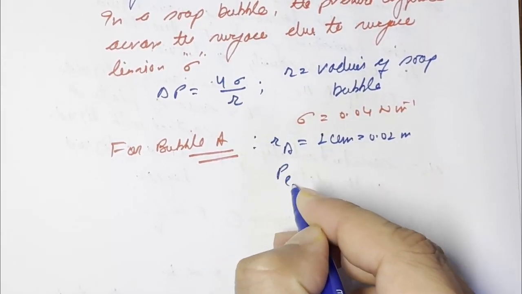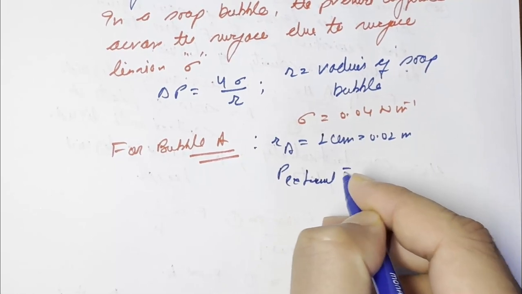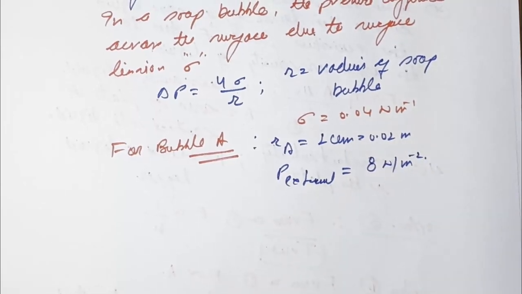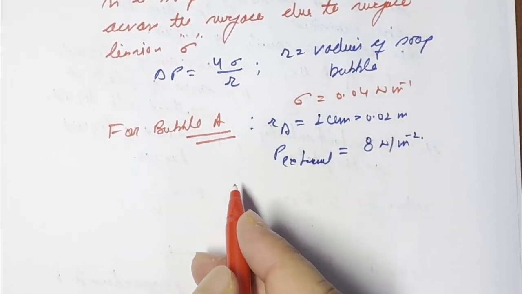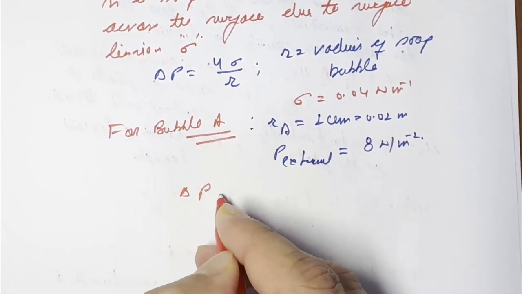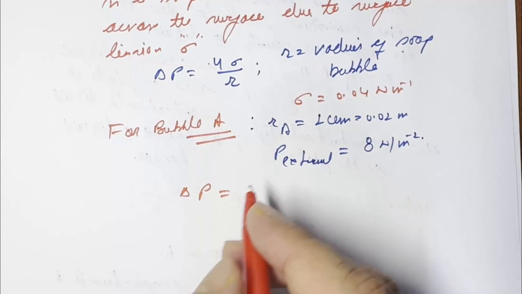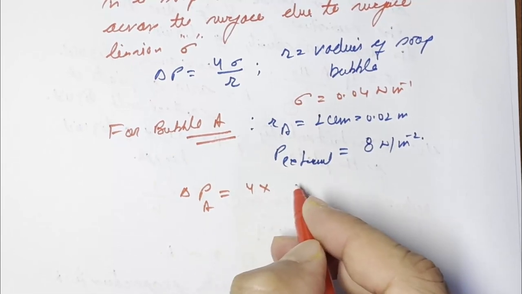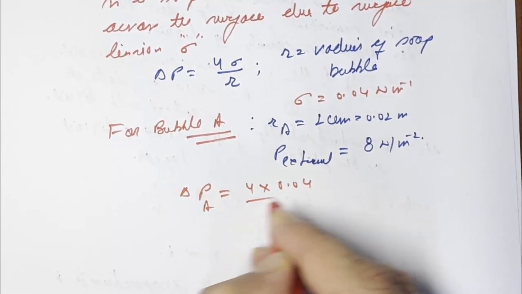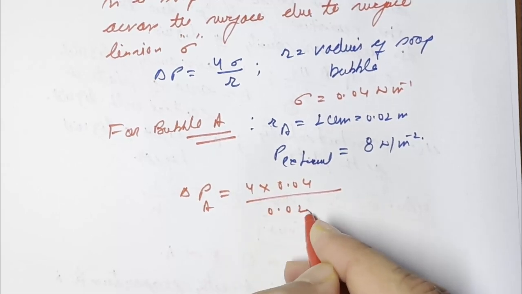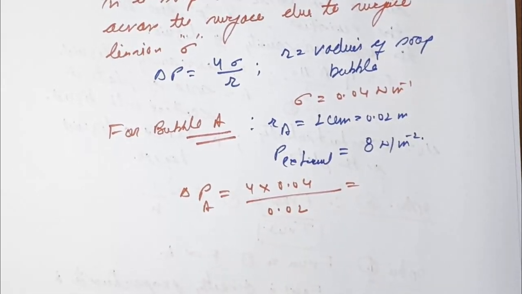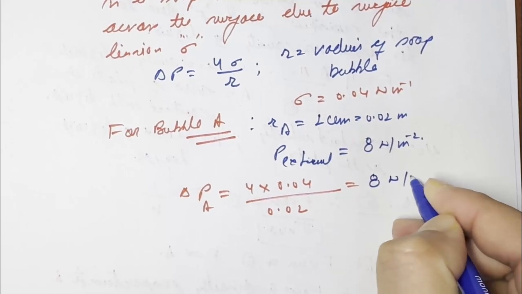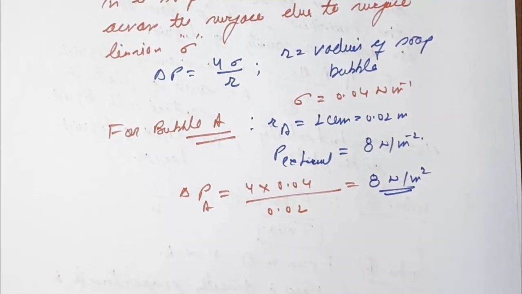So P external will be equal to 8 Newton per meter square. So delta PA will be equal to 4 into sigma, 0.04, divided by the radius, 0.02. So delta P for A is 8 Newton per meter square.